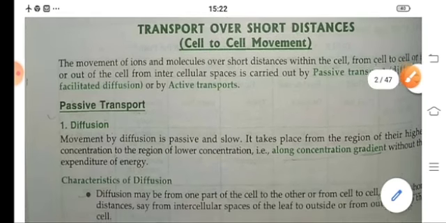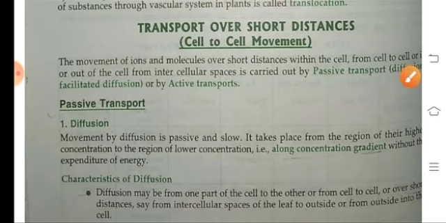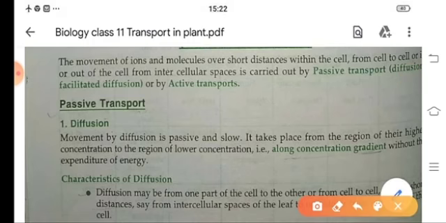So passive transportation is done by the diffusion process, and you know that diffusion is a slow process. It is passive in nature, and it is done by movement of the molecules from the region of their higher concentration to the region of their lower concentration. That is, it is along the concentration gradient without any use of energy.